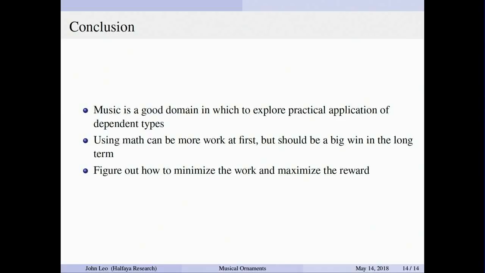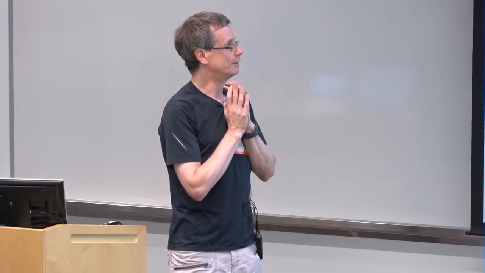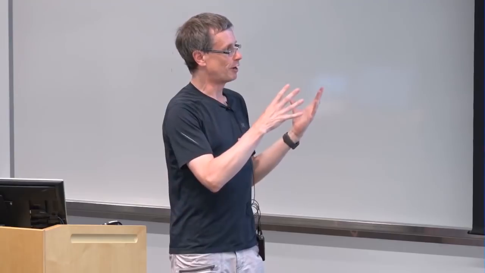So anyway, to conclude, I think this has been a great application area, and I'm looking forward to playing with it more. Just like with types, people don't want to put in the effort to do math at first. It's a lot of work, but I think it pays off in the end. And part of the goal of this project is to figure out how to minimize that work and still get the rewards of using the math.